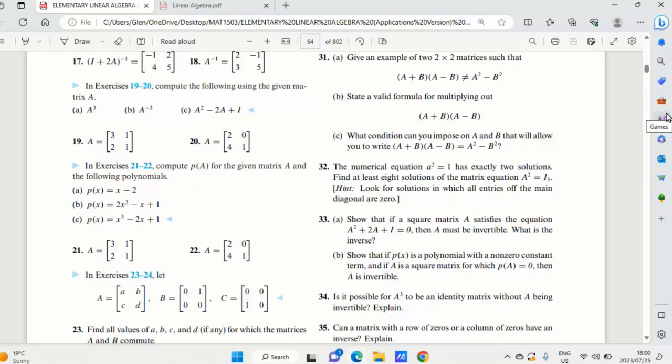And then I used BODMAS, which says I have to add before subtraction. So I add matrix 4, 0, 8, 2 with matrix 1, 0, 0, 1. So I got 5, 0, 8, 2.